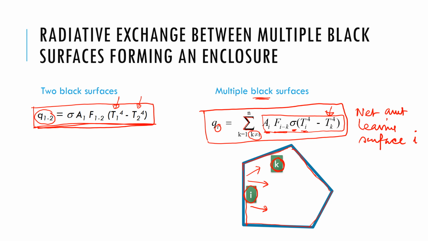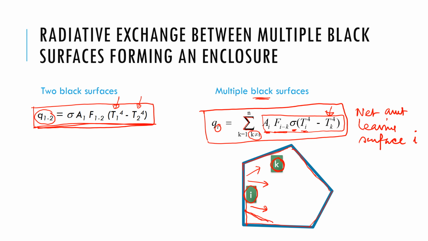Now we were able to add the black body formulas. We're able to get away with it because they're black, because there's no reflection. If the surfaces were gray, so there is reflection, things will get complicated in a hurry.